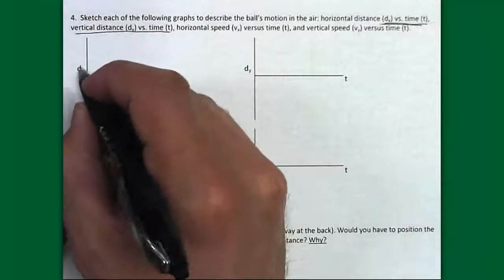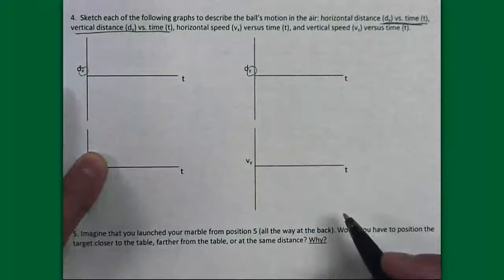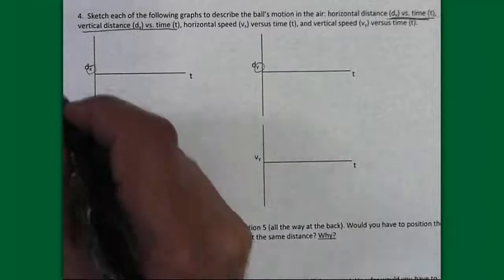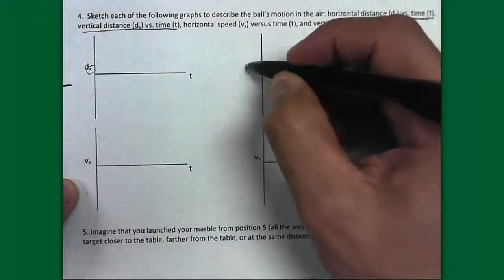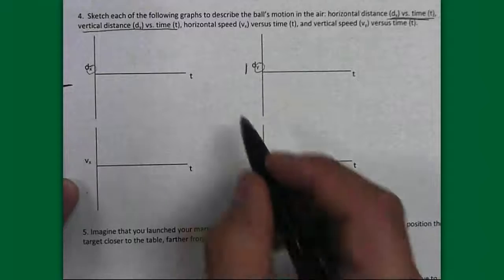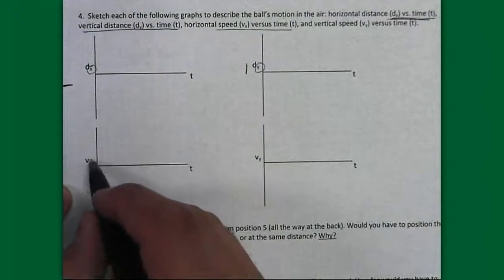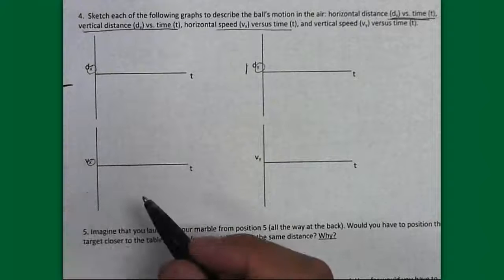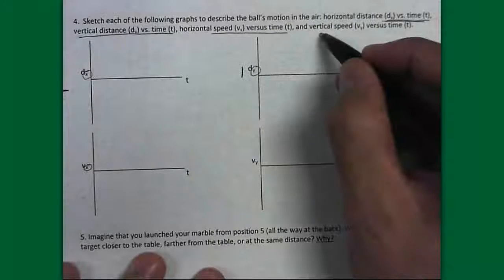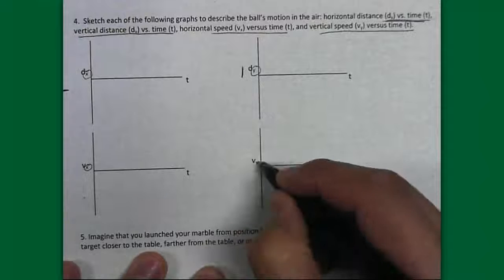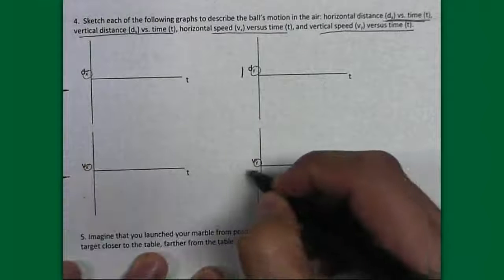This graph here, see, this is x and this is y. Horizontal, vertical. Horizontal speed versus time, that's this graph here. Speed versus time graph, so this is a velocity time graph now. And then vertical speed versus time: x, y, horizontal speed, vertical speed.